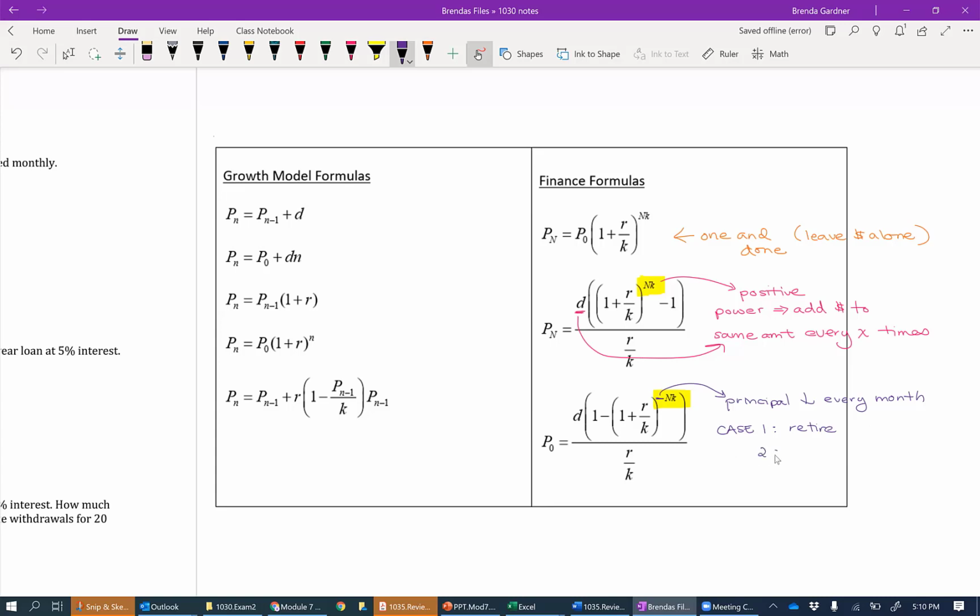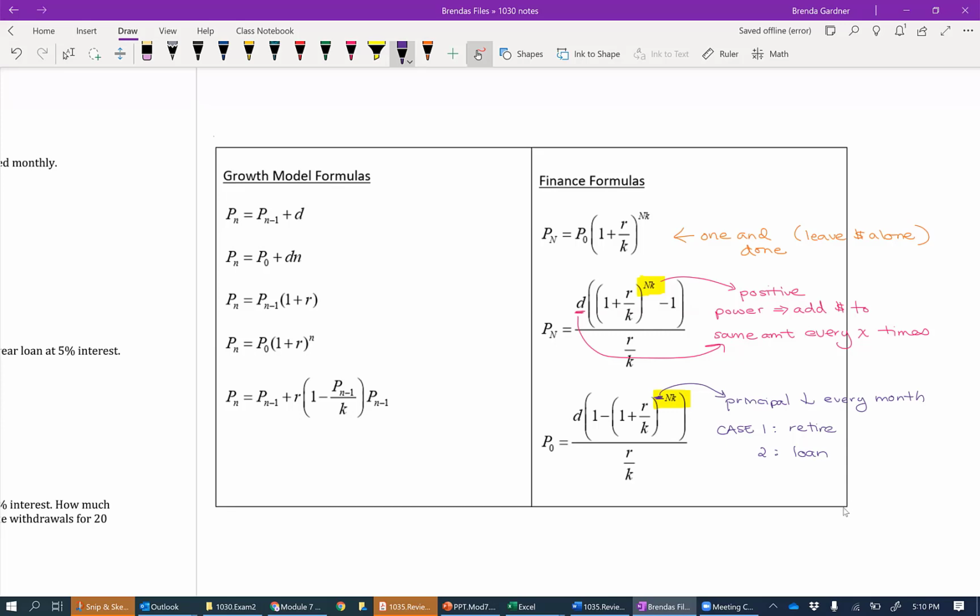The second case is anytime I have a loan, your principal is going down every month. If I bought a car or a house for like $300,000, how much I owe next month is not $300,000, it's decreasing. Both of those cases use the exact same formula. Anytime you see that negative there, it means the principal amount or the loan amount is decreasing every single month.